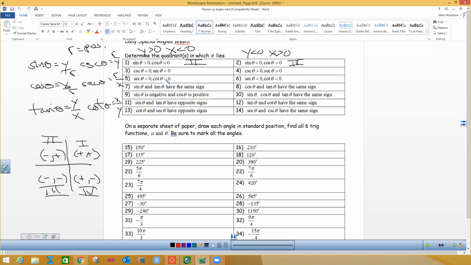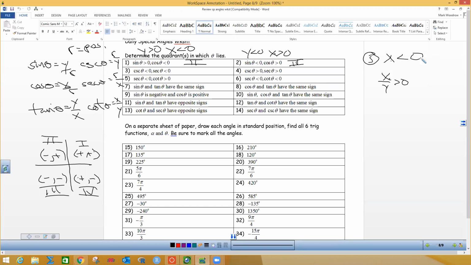Let's do secant and cotangent. Now this one's a trickier one. So secant is r over x. So what that means is secant goes with x. Okay, so number 5, secant goes with x. So that means x is less than 0, and cotangent is x over y. So x over y, it says, is going to be greater than 0. It's going to be a positive. Well, this x and this x have to be the same.